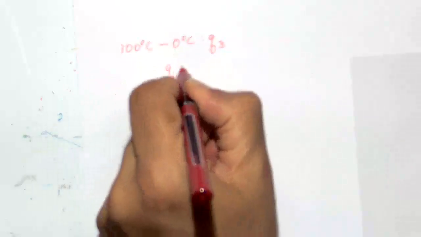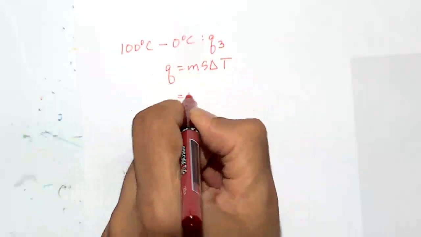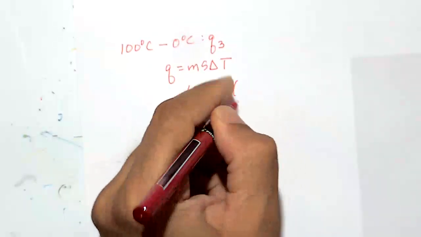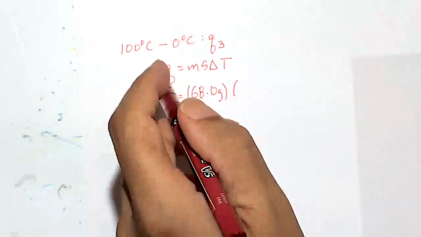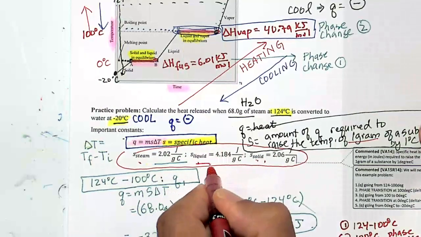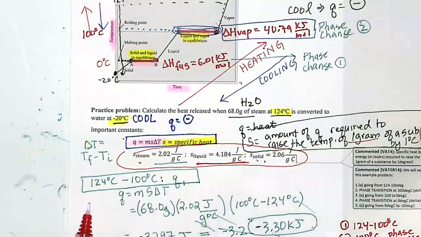All right, so here we're going to use Q equals m s delta T. All right, our mass still is 68 grams. Our S, we'll use the S from 100 degrees to 0 degrees. Water is going to be liquid. Okay, so this is what we're going to use for Q3.